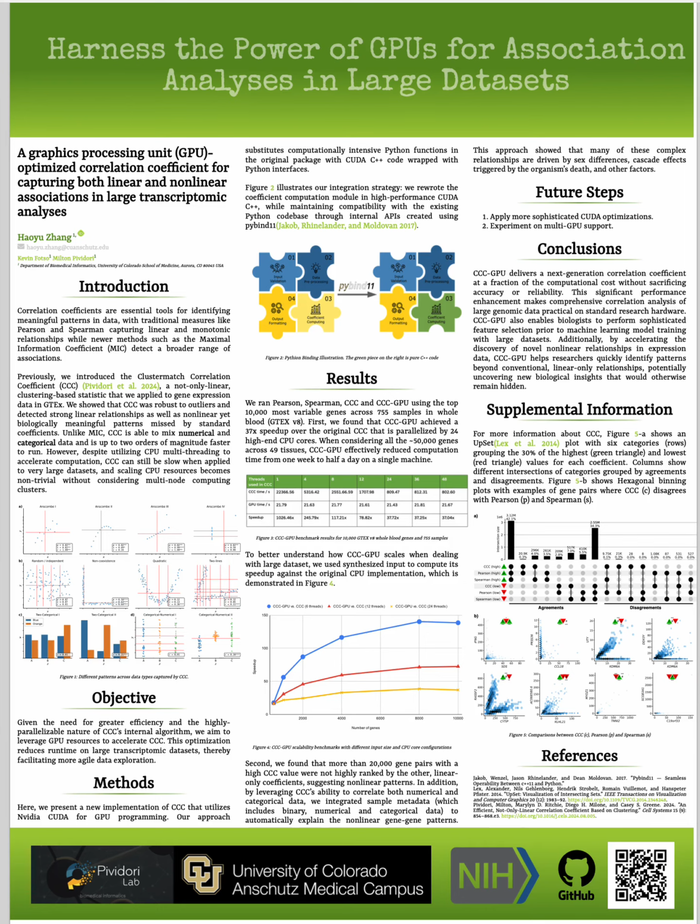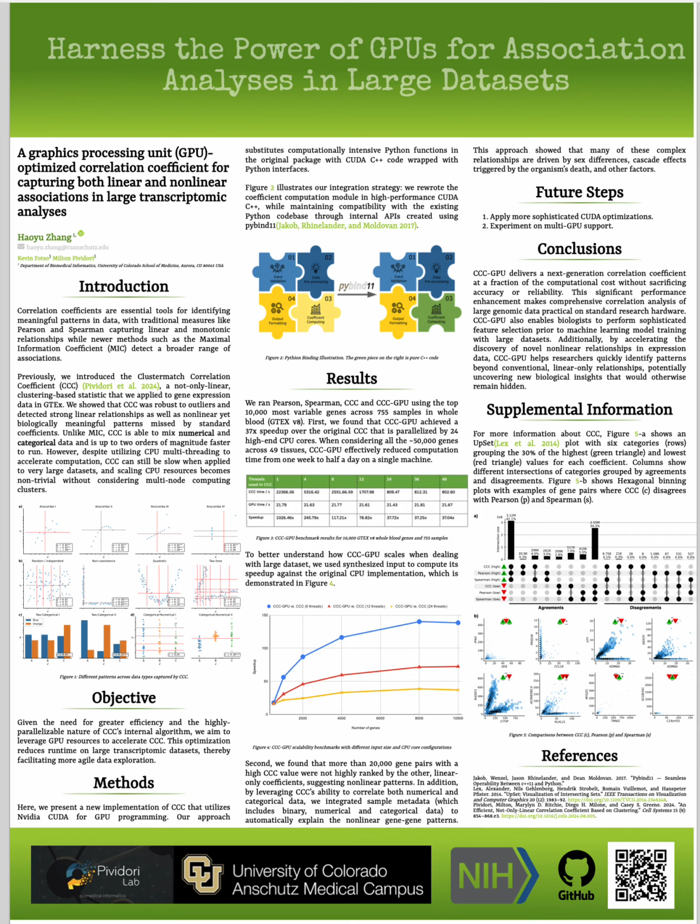We ran Pearson, Spearman, CCC, and CCC GPU using the top 10,000 most variable genes across about 700 samples in whole blood, using the GTEx data. And first, we found that CCC GPU achieved a 37x speed up over the original CCC that is parallelized by 24 high-end CPU cores.